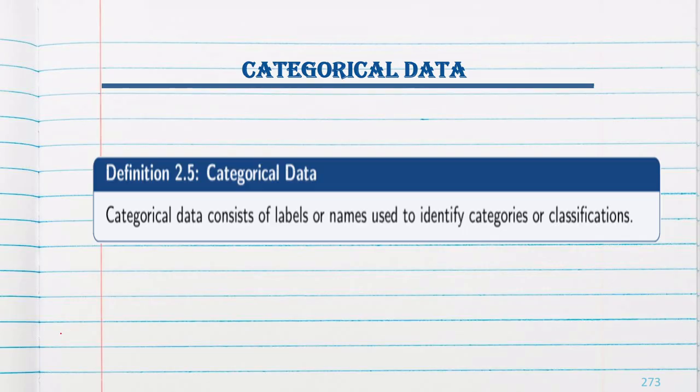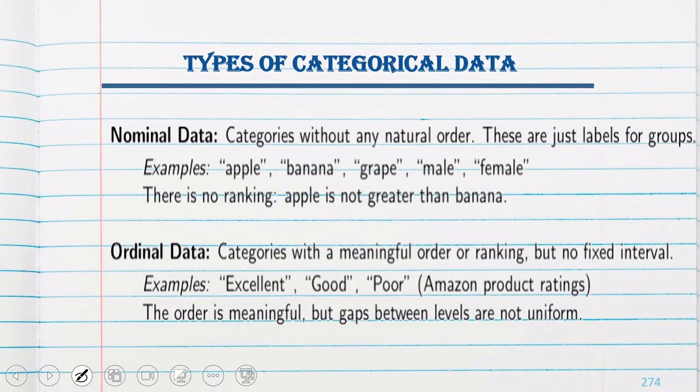The next is categorical data. Categorical data consists of labels or names used to identify categories or classifications. Types of categorical data: nominal data and ordinal data. Categories without any natural order are known as nominal data.